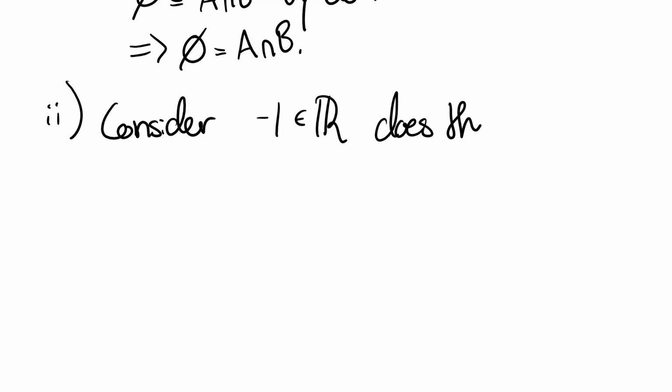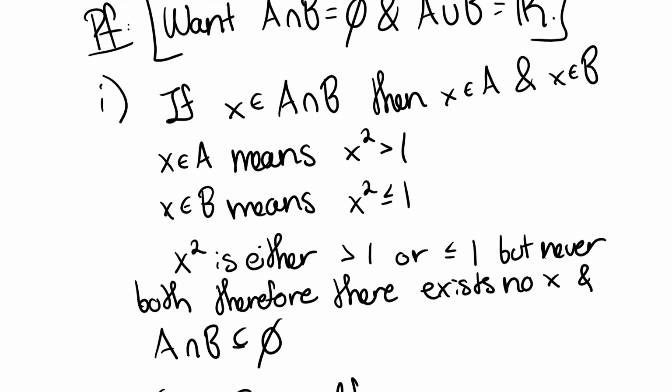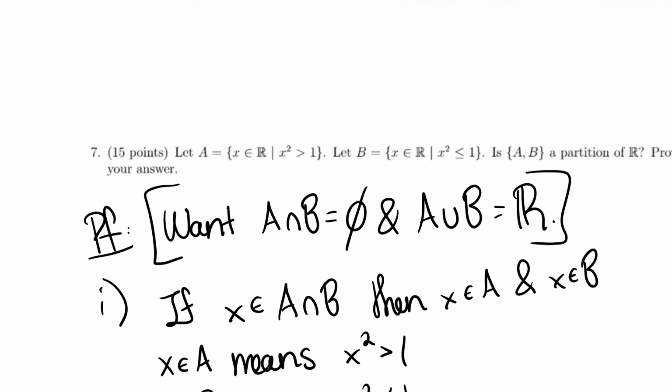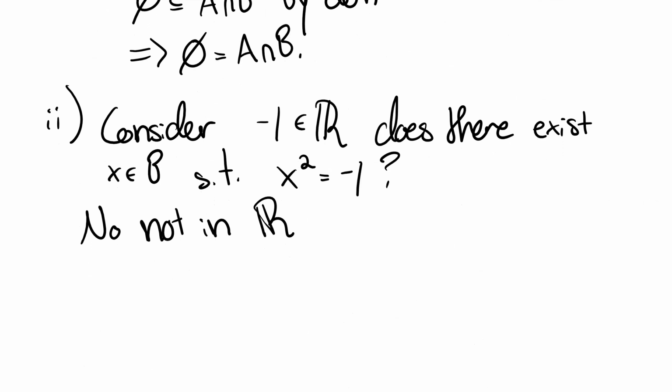Does there exist X in A or X in B such that X squared equals -1? Oh wait, we would only care about B because B talks about things that are less than 1. No, not in the reals. Because remember, B is only pulling from the reals. So if you all have heard of imaginary numbers, you might know what would work for this.